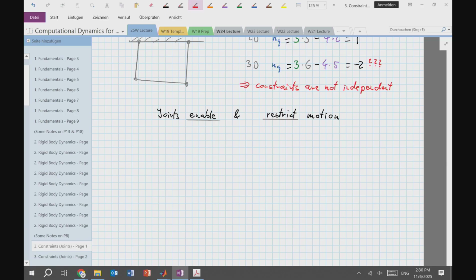I'm making that explicit distinction because each of these comes with its own mathematical formulation. To highlight that a joint enables motion, we will write something that I will call an explicit constraint. And to highlight that a joint restricts motion, I would write it as an implicit constraint.